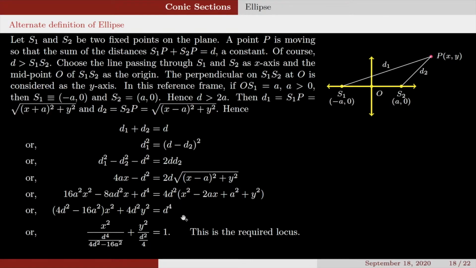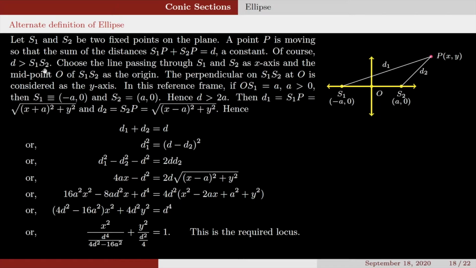Something to note here is that the total distance D must be greater than the distance S1 to S2. Otherwise there cannot be a point. If D is smaller than S1S2, then there cannot be a point where the sum of the distances is equal to D. So D must be greater than S1S2.